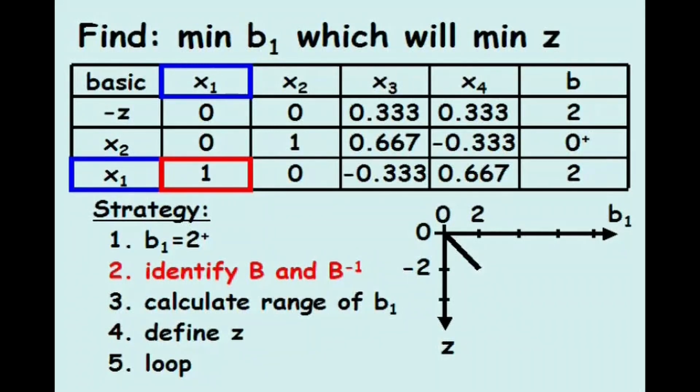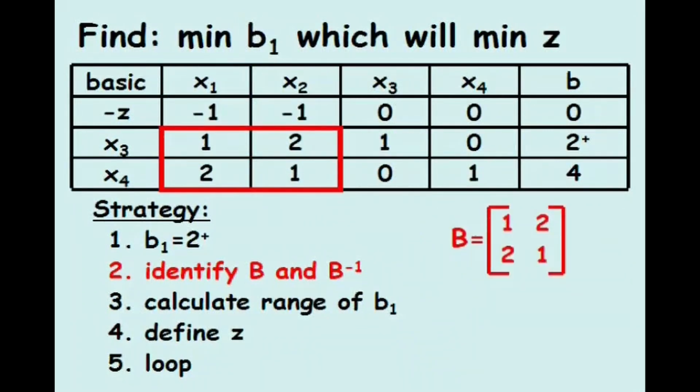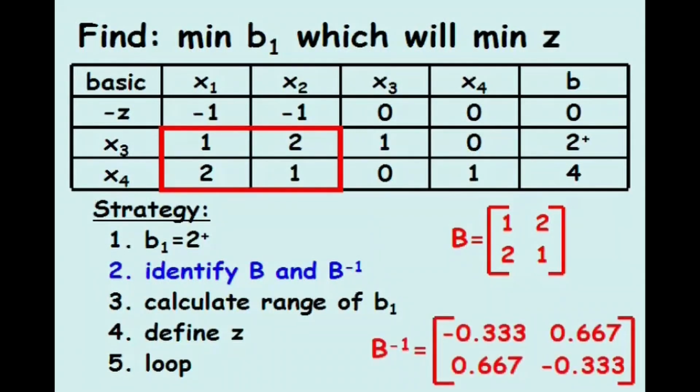Since x1 and x2 are the basic variables, matrix B equals 1, 2, 2, 1, and matrix B inverse equals negative 0.333, 0.667, 0.667, negative 0.333.